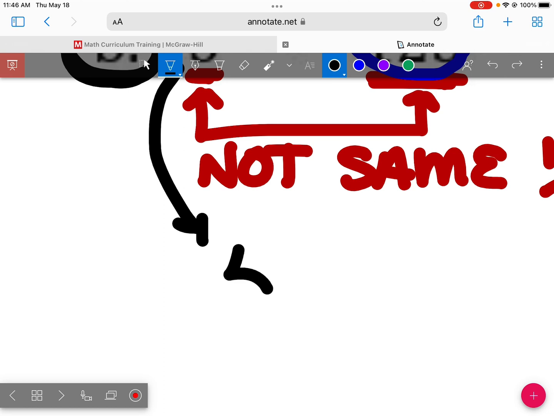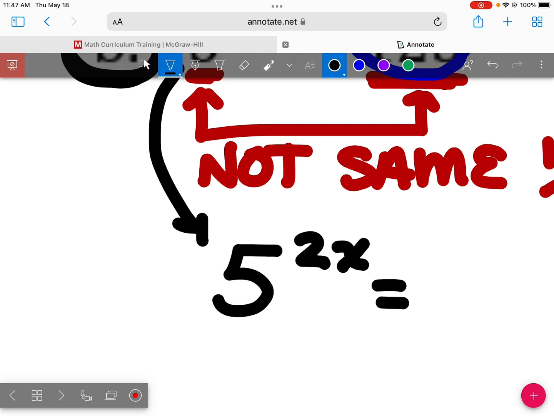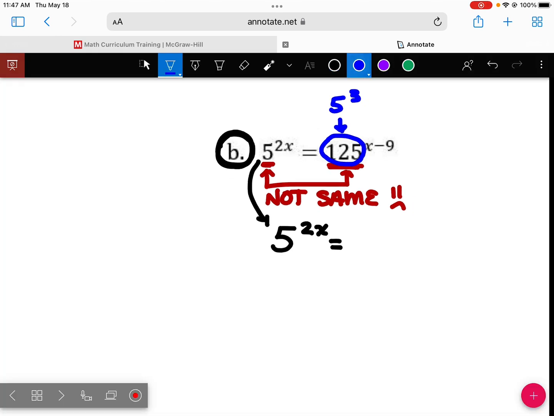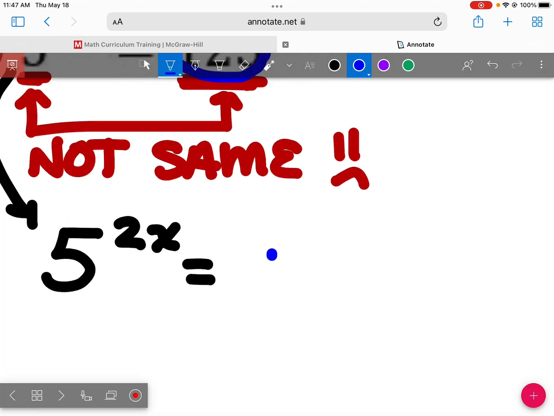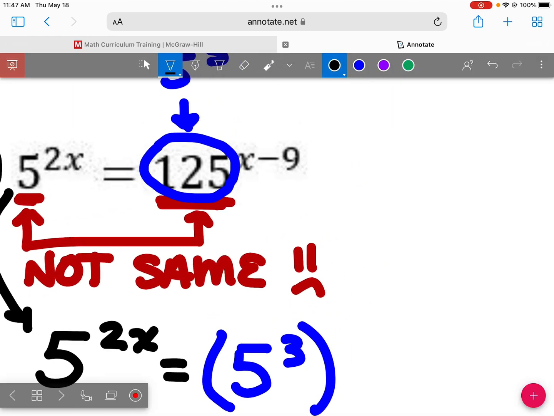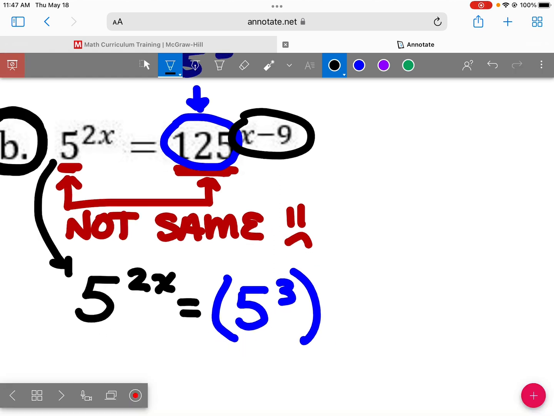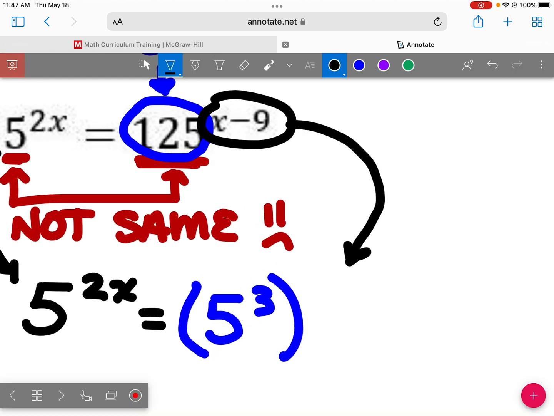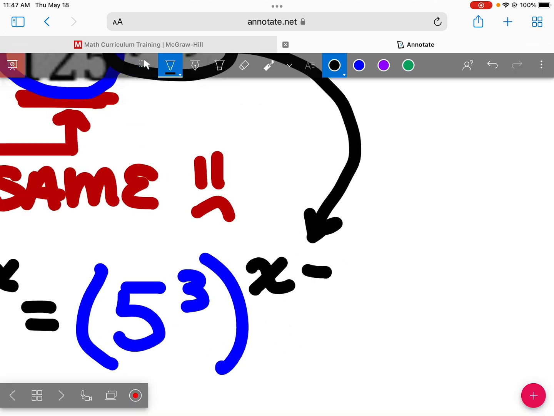All right, so I'm going to rewrite this then. I have 5 to the power of 2x. I couldn't do anything with that. On the other side, instead of writing 125, I'm going to write that as 5 to the 3rd power. But then this had an exponent on it already, right? The exponent has to come down to the outside of this, x minus 9.